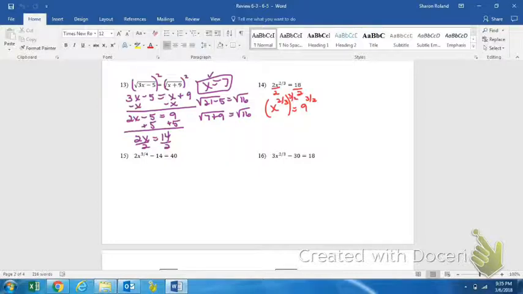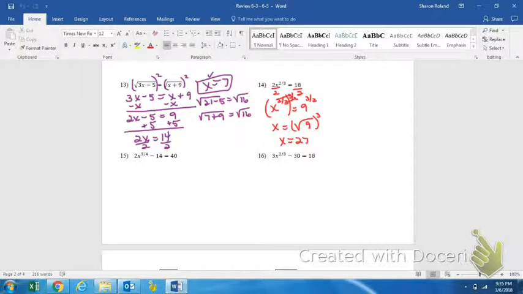And what happens is you end up with 2 times 3 is 6, divided by 3 times 2 is 6, and these cancel, and you have x. What this really is, is the square root of 9, and then you're going to cube it. Square root of 9 is 3, cubed is 27, so x is 27.